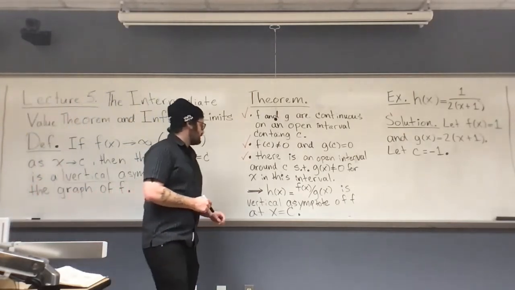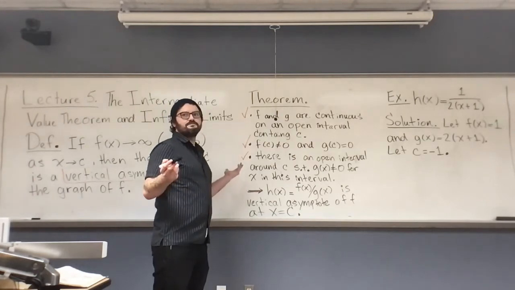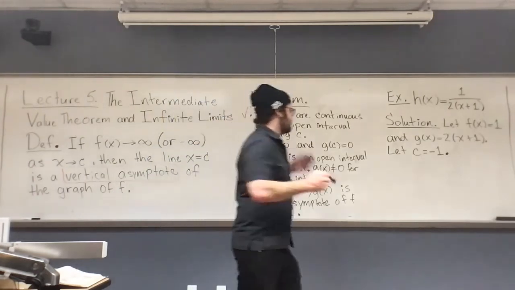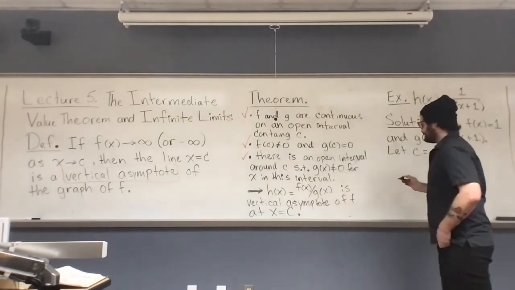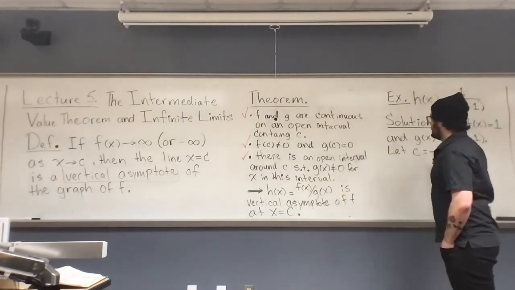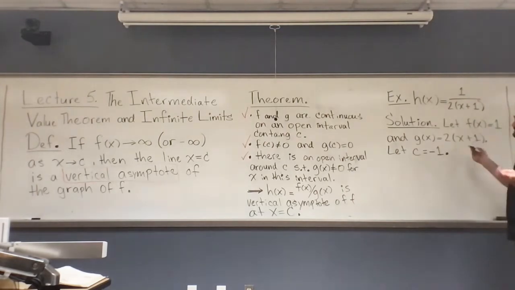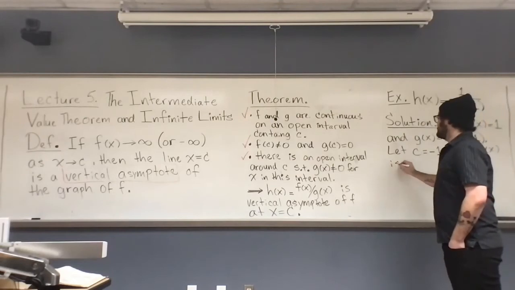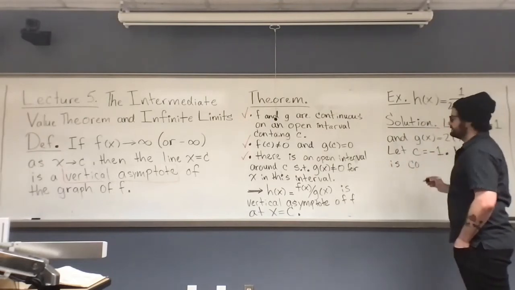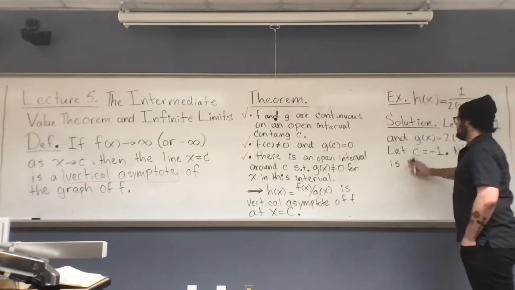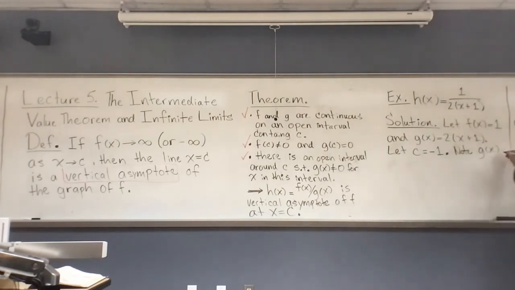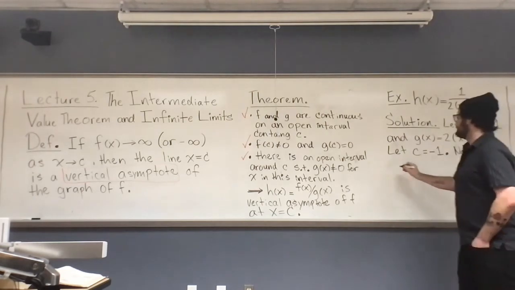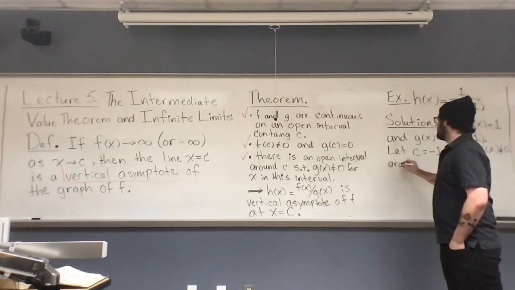So, oh, we're done. Maybe I'll write it out to be very explicit. Note g of x is continuous around c equals -1, or note g of x is not equal to 0 around -1.